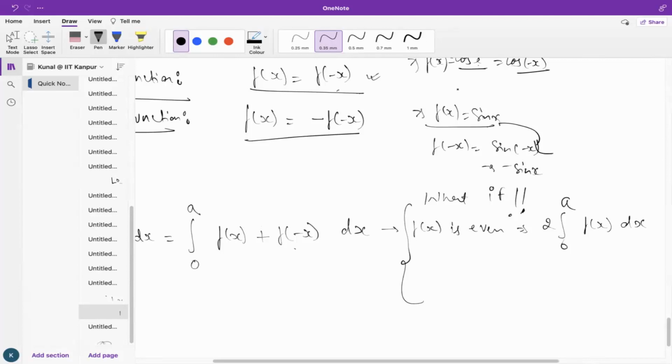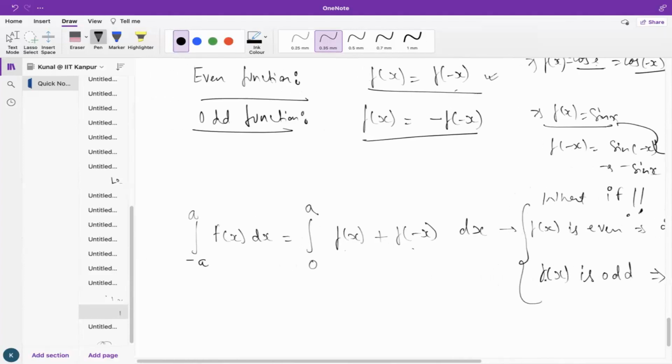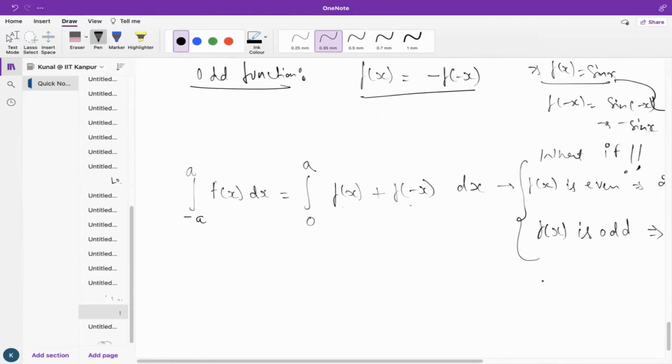And what if our function is an odd function? In an odd function, what we know is f(x) is equal to minus f(-x), so both will get cancelled, so we get 0, right? So this is our property.